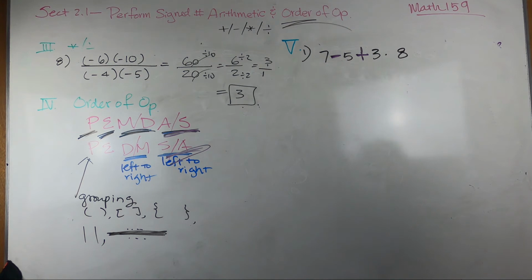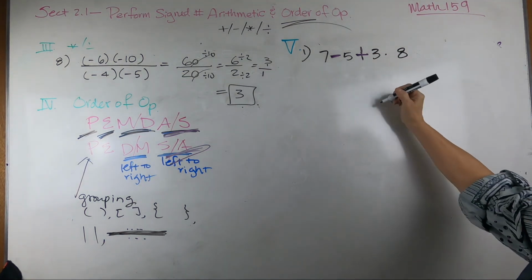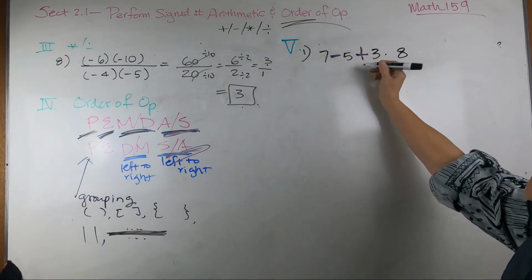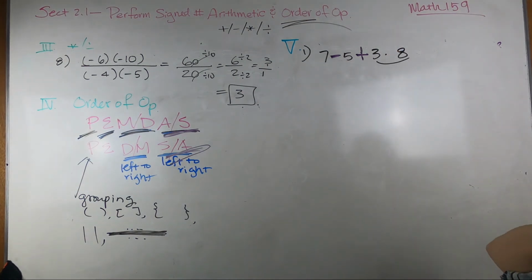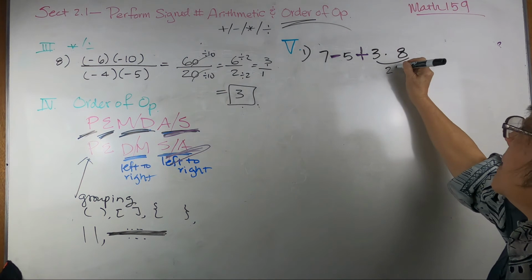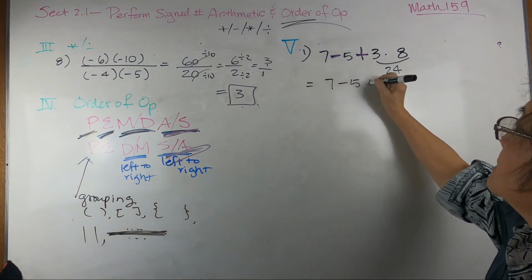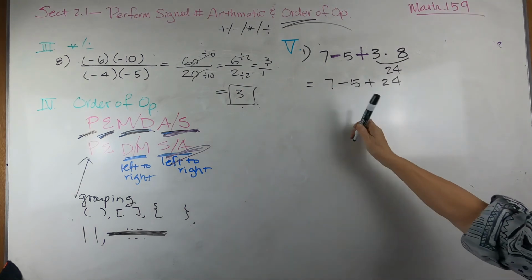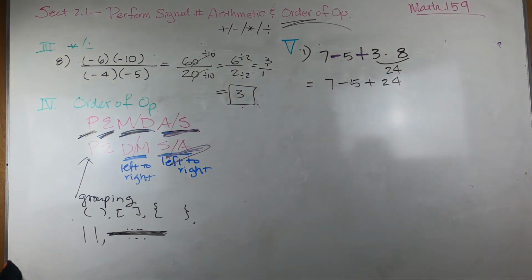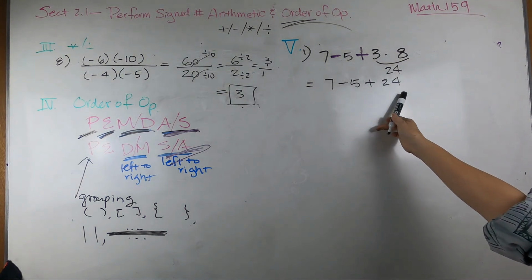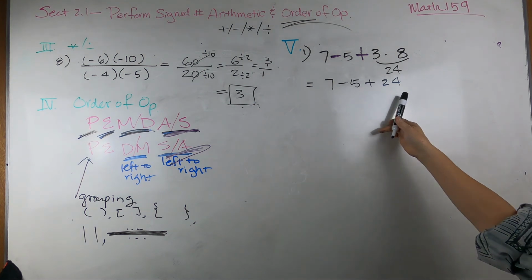If you have issues, you might use highlighters to highlight those, so you know you do that last. Then 3 times 8, you do it first, right? Multiplication, 24. Then you do 7 minus 5 plus 24. So you have minus and plus. Do you do the addition first? Don't do that.